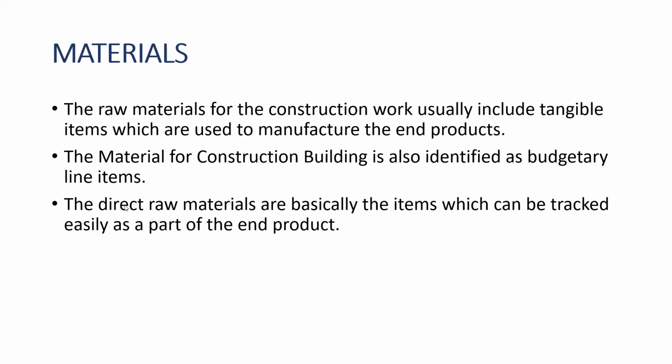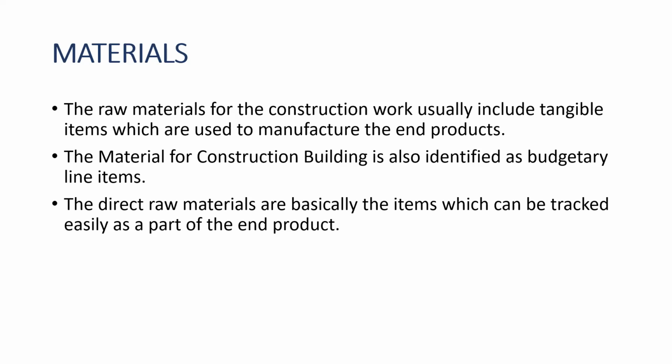The third one says direct raw materials are basically the items which can be tracked easily as part of the end product. Once we build the end product, for example a building project or maybe a column or a beam, whatever items can be tracked easily are direct raw materials.